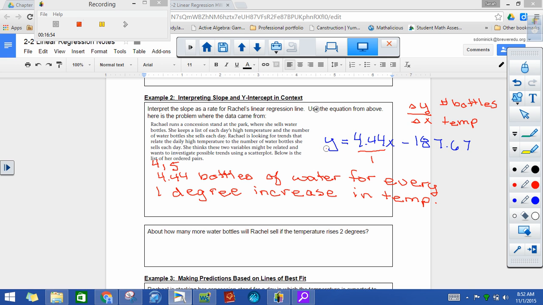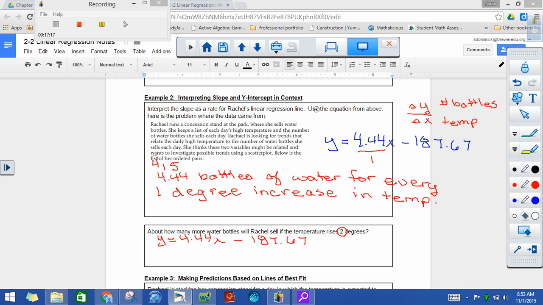So let's be safe and just plug the information back into the original equation. So y equals 4.44x minus 187.67. They're saying that the temperature is going to rise 2 degrees. Okay, that's hard because we don't even know what the original temperature was.